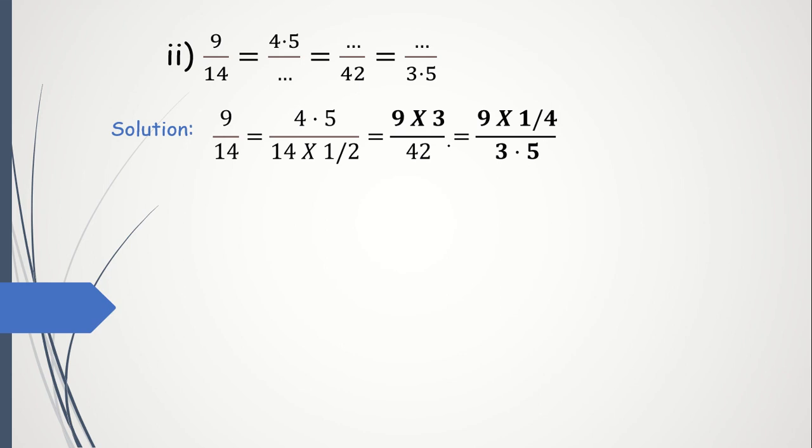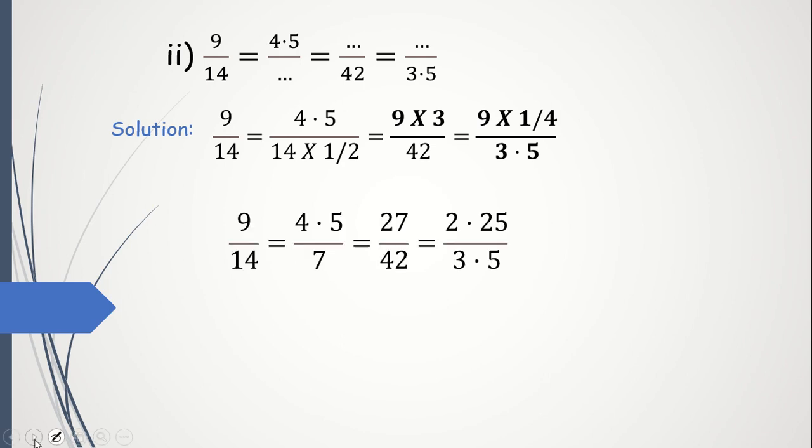So 9 multiplied by what? 14 multiplied by 3 gives 42, so 9 also is multiplied by 3. And in this case also we saw 14 multiplied by 0.25 gives me 3.5, or 1 upon 4 we had got. So same way we do it. So here we get 27. Here we get 7. And here we get 2.25.